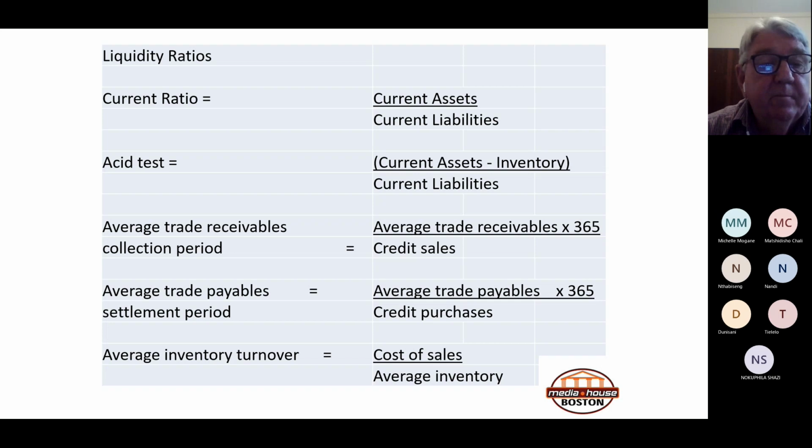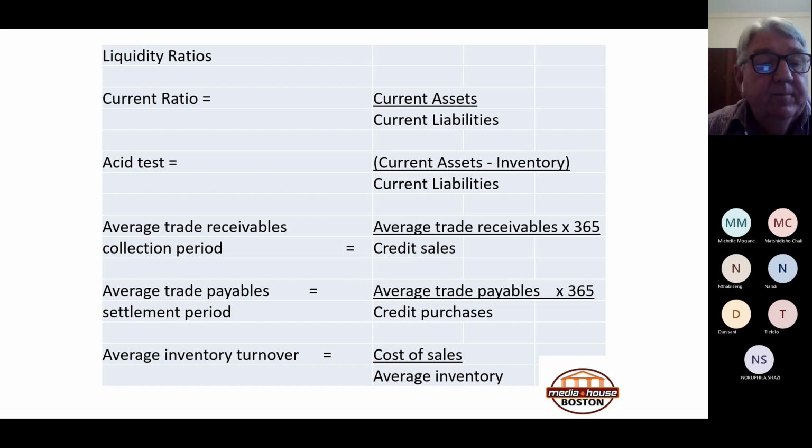Then we have the average trade payables settlement period. This is again how long it takes you to pay your creditors. It's again the average trade payables. So you take this year's figure plus last year's figure divided by 2, you multiply by 365, and you divide it by credit purchases.